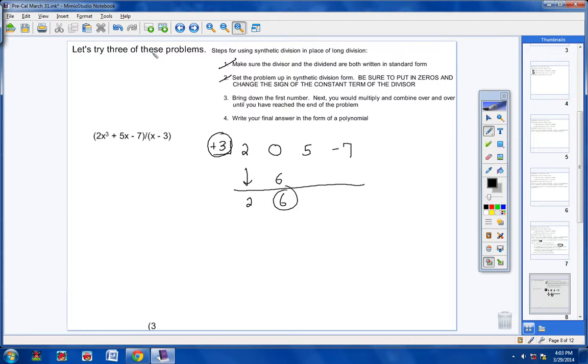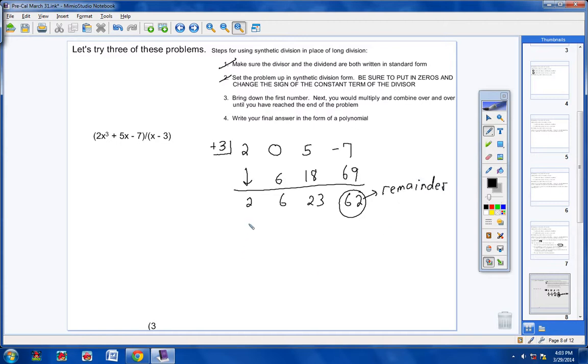And then multiply 3 times 6 and you'll get 18, and then combine these two numbers here, 5 and 18, and you'll get 23, and then multiply 3 times 23, and you will get, let's see, 69, and then combine these two numbers here and you will get 62, positive 62. And so this number right here is your remainder, okay?